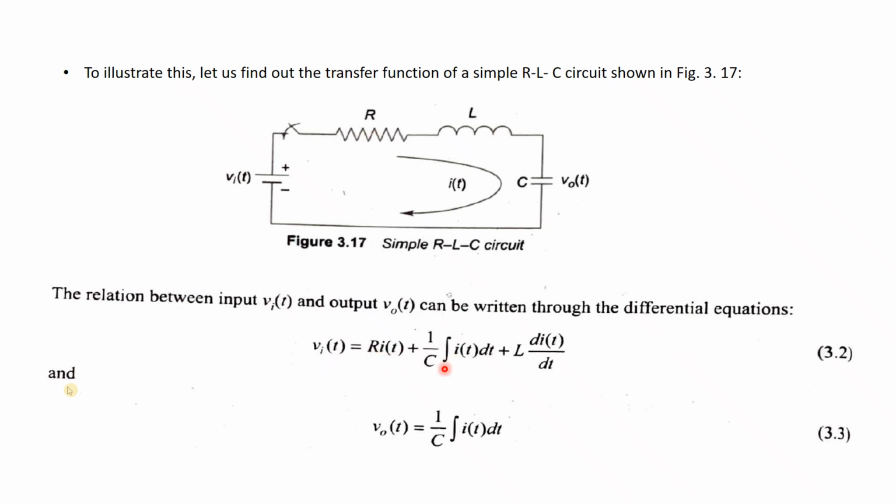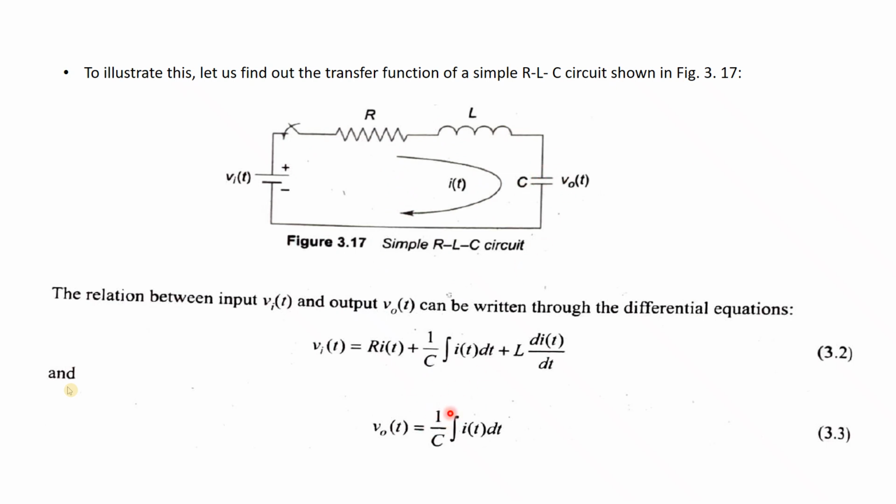So v_i(t) equals R i(t), that is the voltage across resistance, plus the voltage across inductance, which is L di/dt, and the voltage across the capacitor, which is 1 by C integration of i(t) dt. Okay, so this is equation number 2, which is written after solving the circuit using the KVL, Kirchhoff's voltage law.